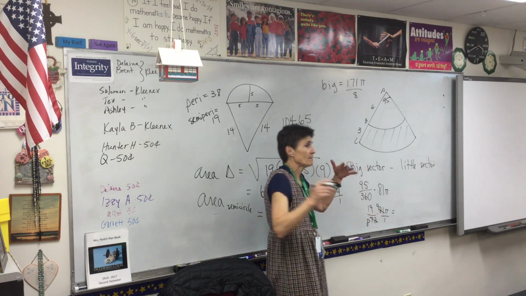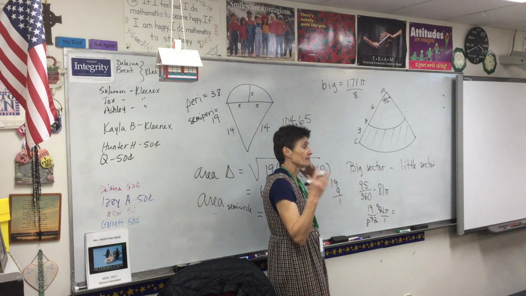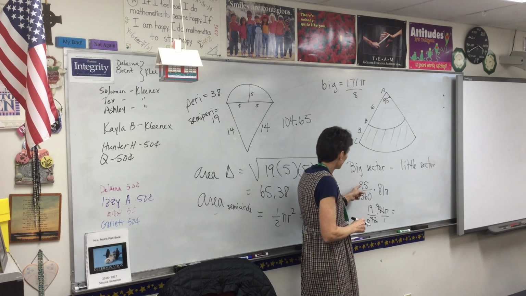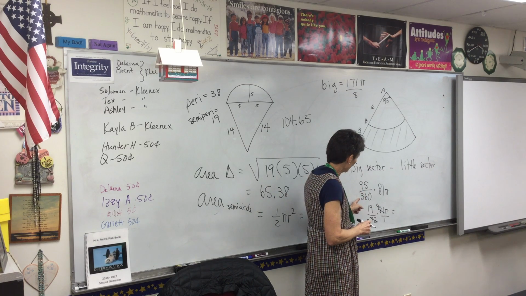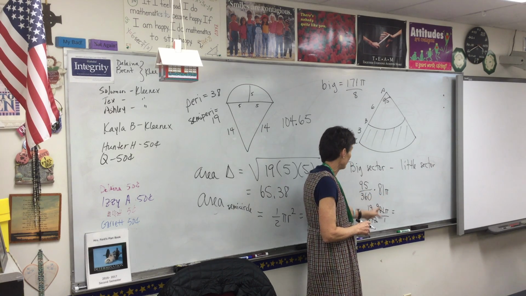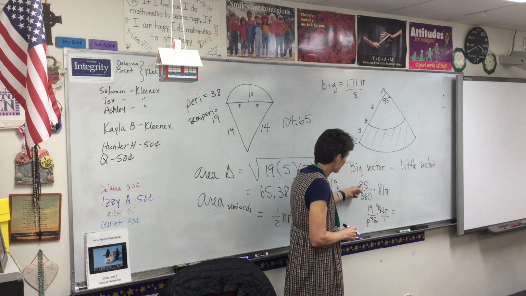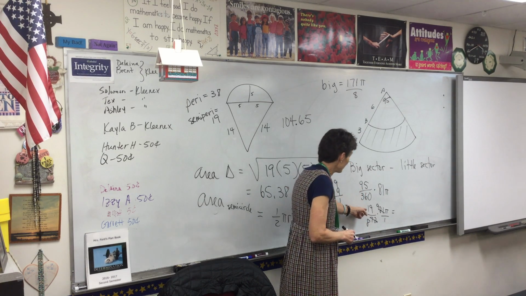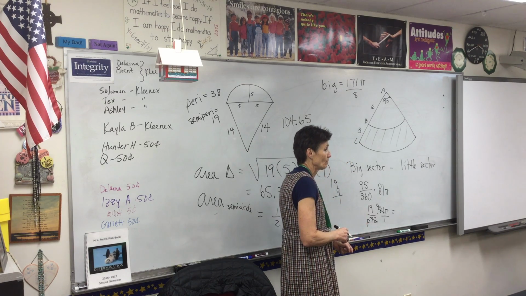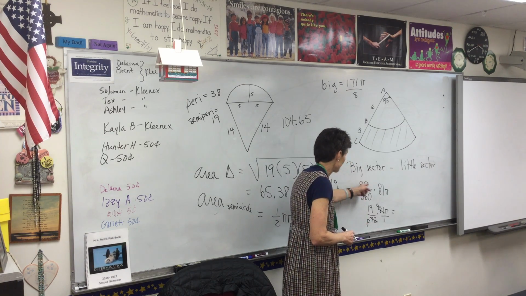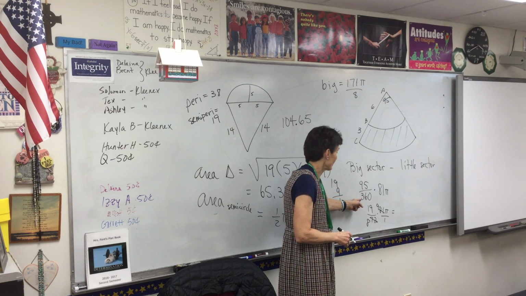All right, so I don't want anybody getting lost in that arithmetic. Pay attention. Here we go. So here's our formula: 95 over 360 times 81 pi. First thing I did was reduce this by 5s. So it became 19 over 72. That's just that fraction reduced by 5s.